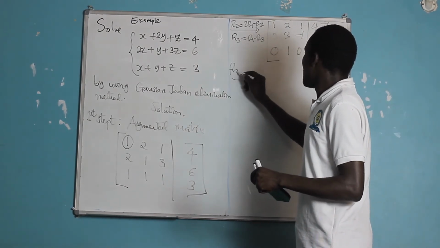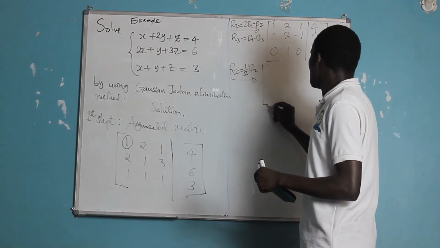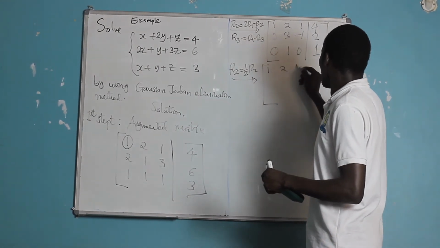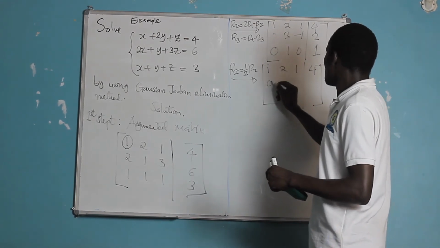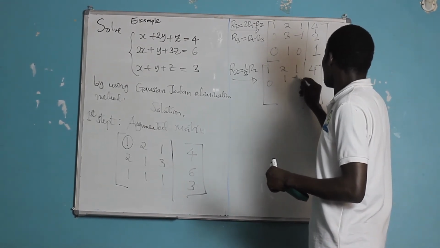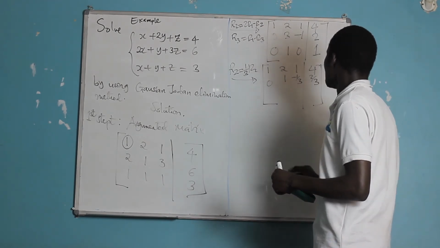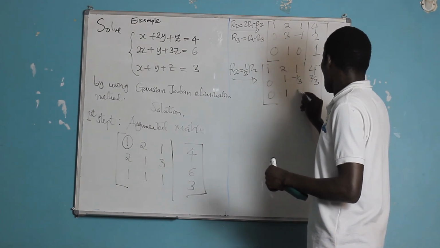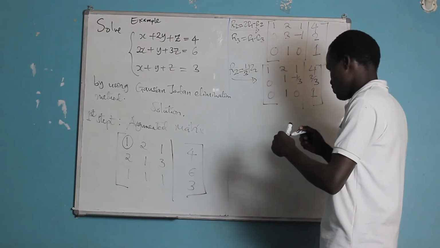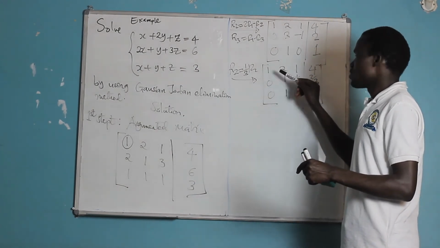So take R2 equal to 1 over 3 R2. So here is 1, 2, 1, and this will be 4. Then here is 0, it will be 1, then negative 1 over 3, and 2 over 3. So this will be 0, 1, 0, 1.